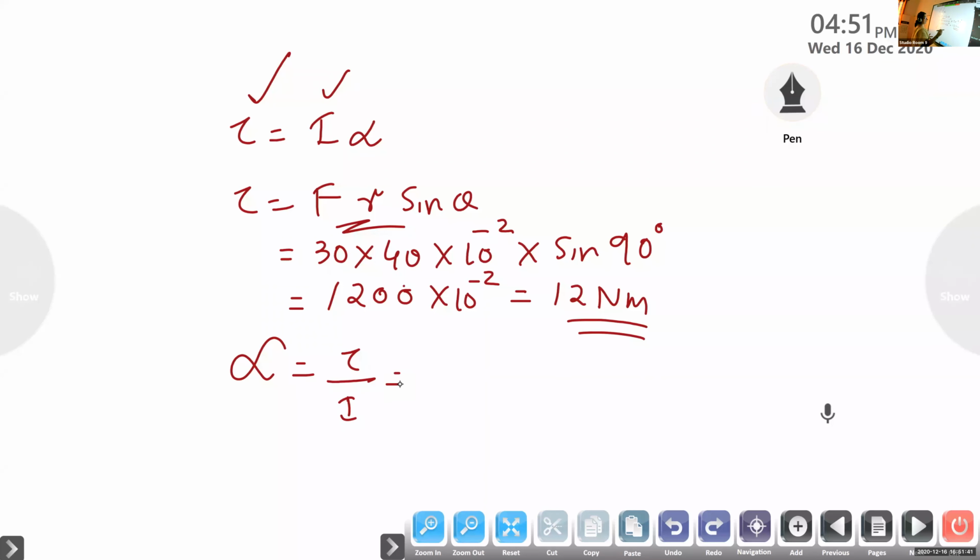Torque you got as 12. 12 divided by moment of inertia, which we got as 48 into 10 to the power of minus 2. You can make it easier: take the 10 to the power of minus 2 upstairs. Then it is going to be 10 square by 48.